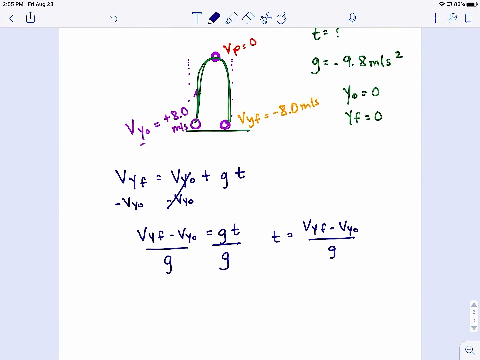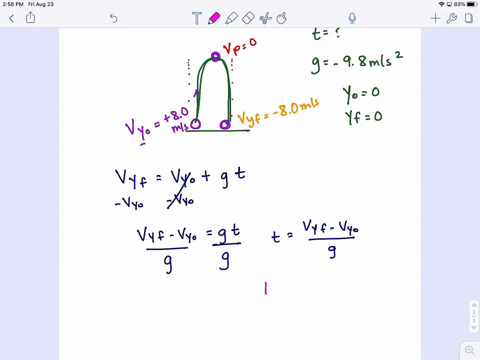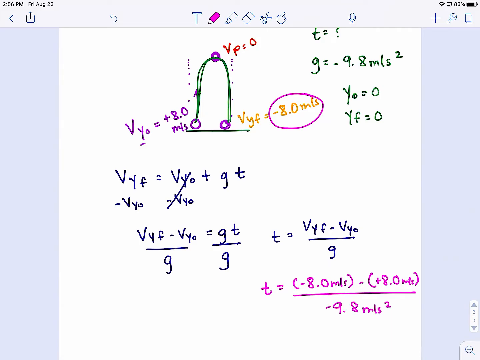So now I can just plug in numbers. Now when I plug in my numbers here, the time is going to be VYF, the negative 8 meters per second, minus VY naught, which is positive 8 meters per second, divided by negative 9.8 meters per second squared.